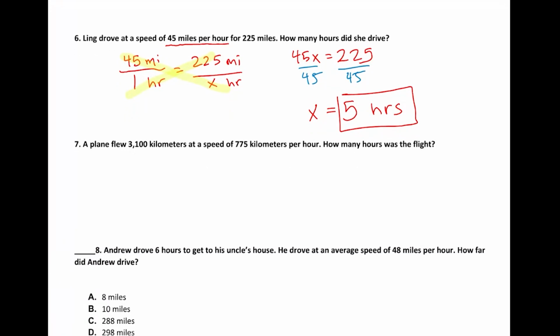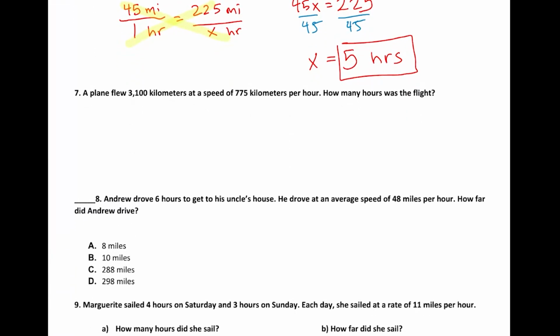Number 7, a plane flew 3,100 kilometers at a speed of 775 kilometers per hour. How many hours was the flight? So we'll start with the 775 kilometers per 1 hour, and say that that's equivalent to the ratio of 3,100 kilometers to how many hours?